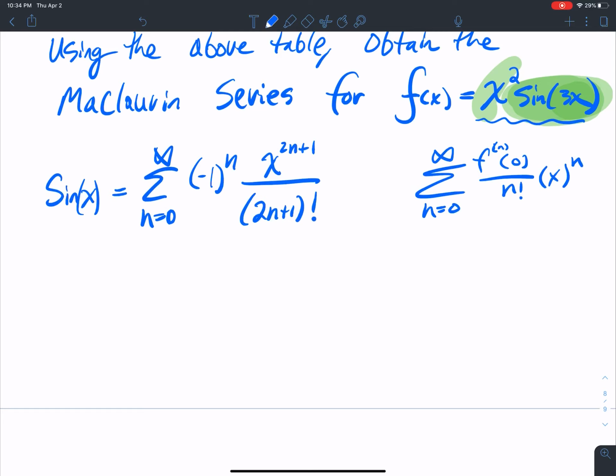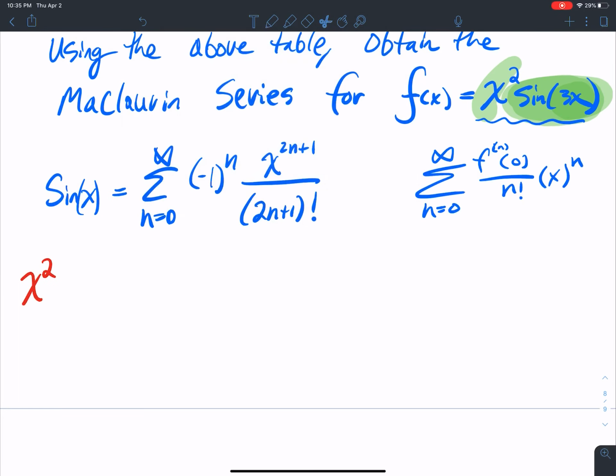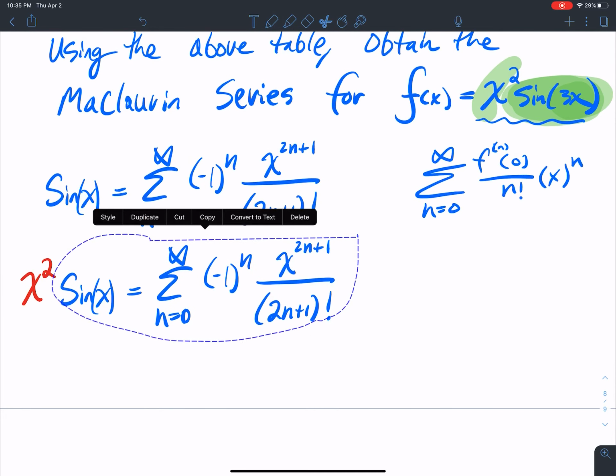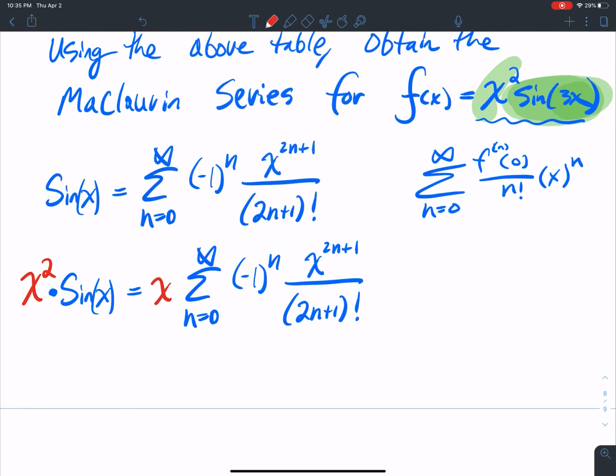So maybe first what I'm going to do is multiply by x squared. Let me just copy this down here. So I'm multiplying by x squared. That means I'm going to multiply this by x squared.